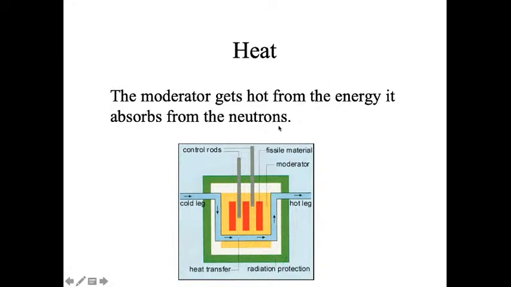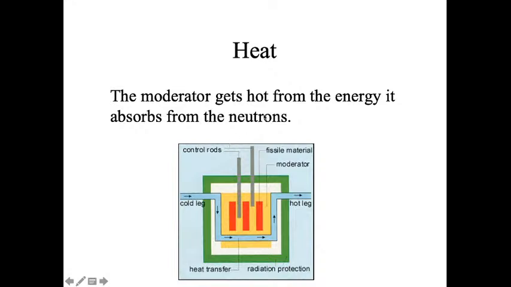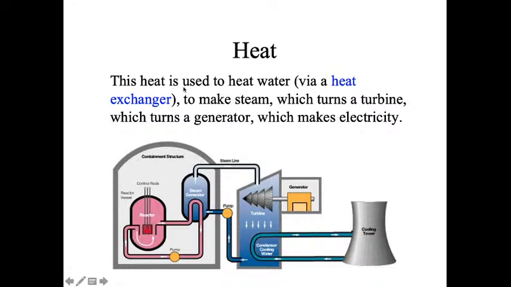It gets hot from the energy it absorbs from the neutrons. And that heat is then used to heat up water via an exchanger. So it's actually the moderator, right? The combination of our water and our graphite. Most likely the water is going to be heated up to a really high temperature and then put through this heat exchanger, which will make steam.